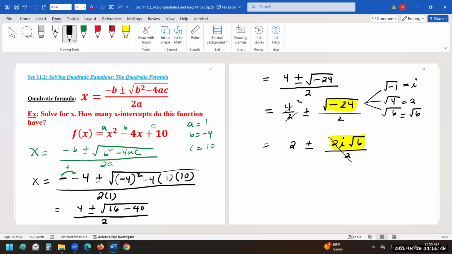But then you can cancel the 2 with the 2. So the final answer is 2 plus minus i square root of 6, or 2 plus minus square root of 6 i.